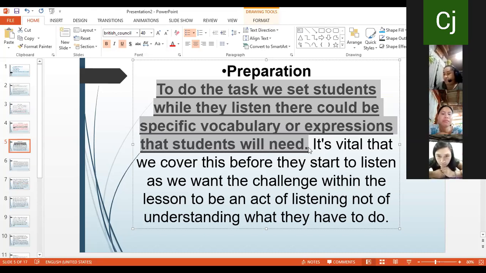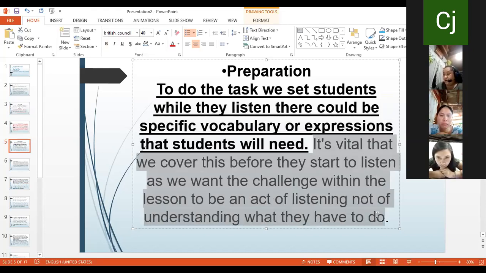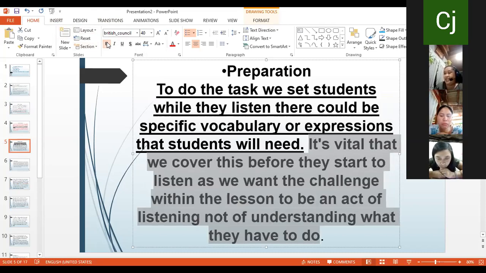Next. It is vital that we cover this before we start listening so that the challenge of listening is understood. Ito siya. Hindi lang dapat kasi as a teacher, as a future teacher, hindi lang dapat yung estudyante nyo ang nakinig doon sa pakikinggan nyo.